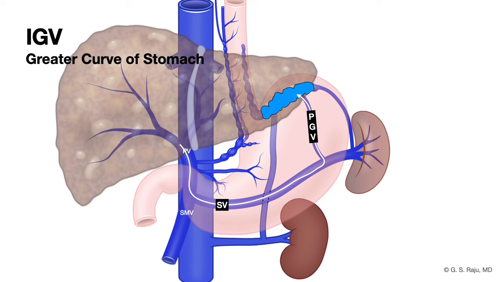Another route is via the short gastric veins into the fundus. These fundic varices typically drain through phrenic veins into the renal shunt and from there into the IVC.